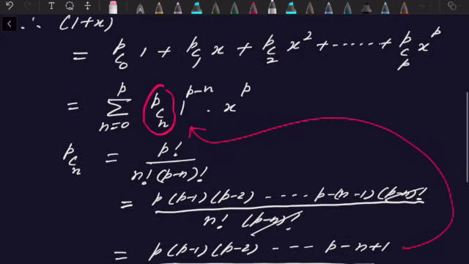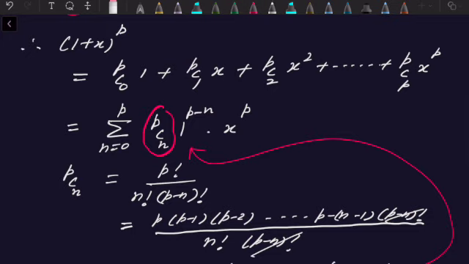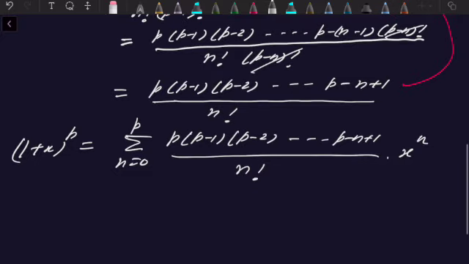Actually here also we should have written x raised to power n. That's an error here. Now we should note that in the binomial series the convergence interval is magnitude of x less than 1.